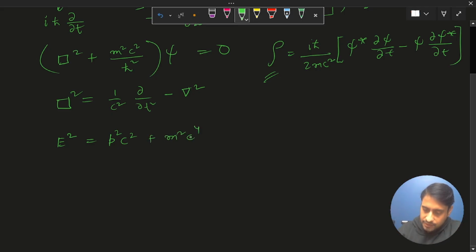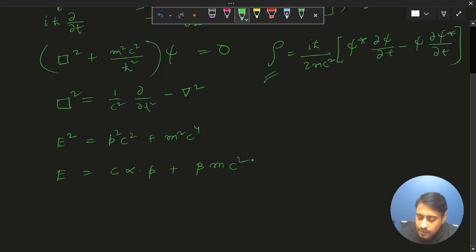So Dirac tried to write this in the form of a linear matrix equation, E equals c alpha p plus beta m c squared.